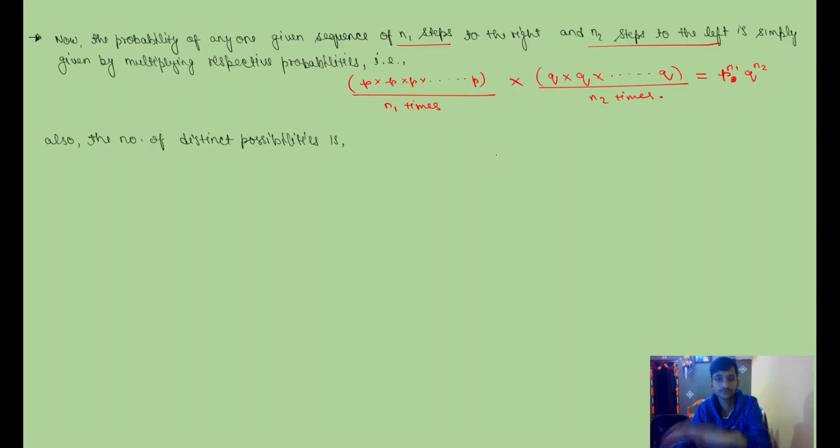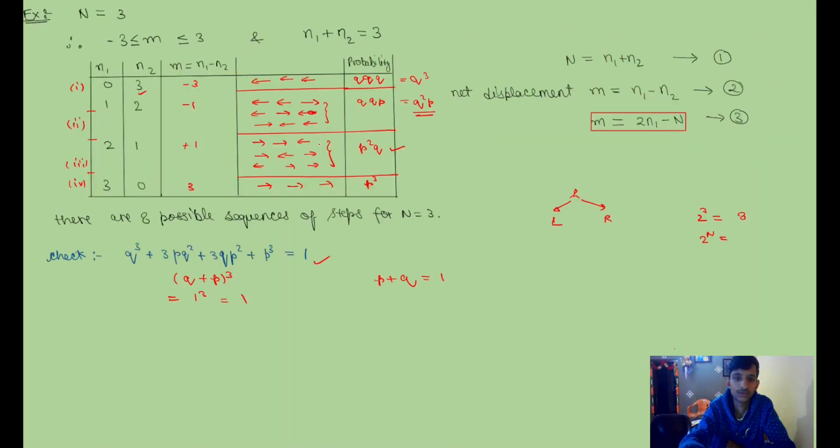Okay. Now there is also the number of distinct probabilities. So what are the distinct probabilities? Here, if you see, there were some repetitions because of the internal arrangement, if I may say. So these are not distinct probabilities.